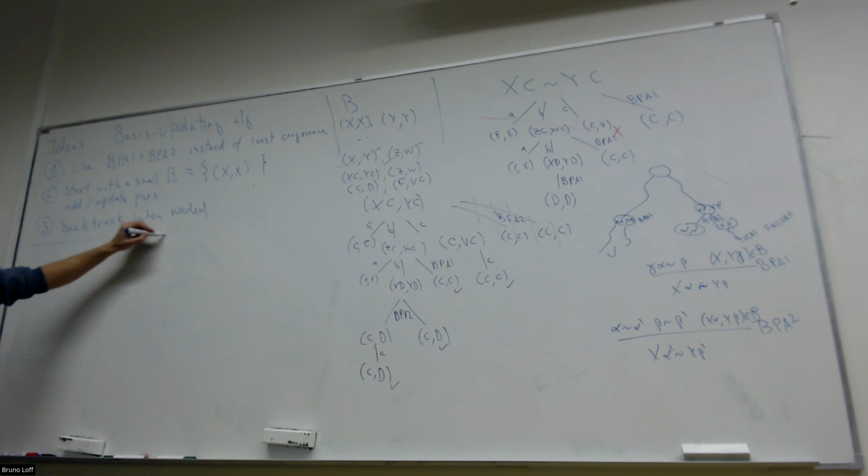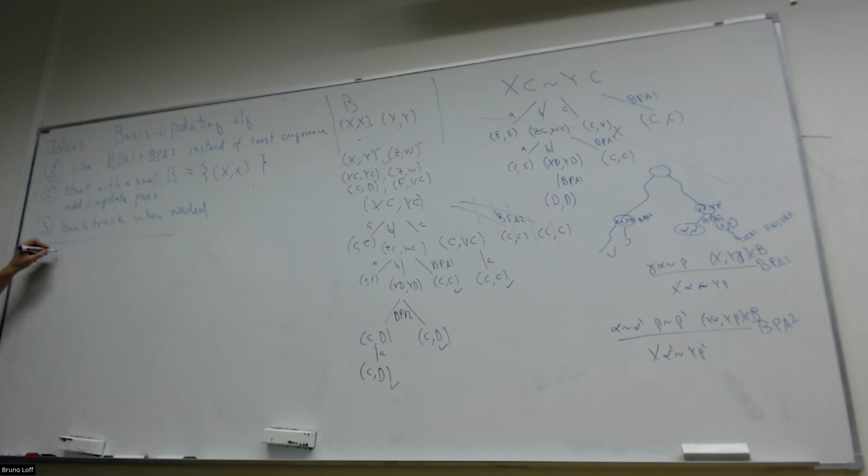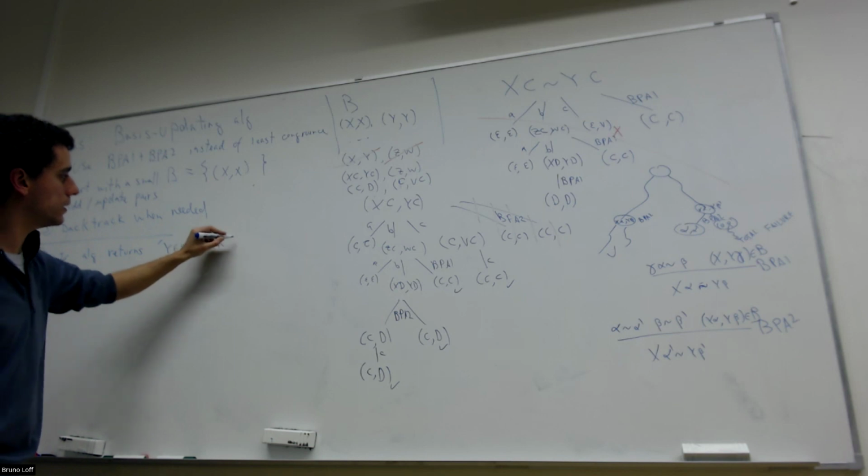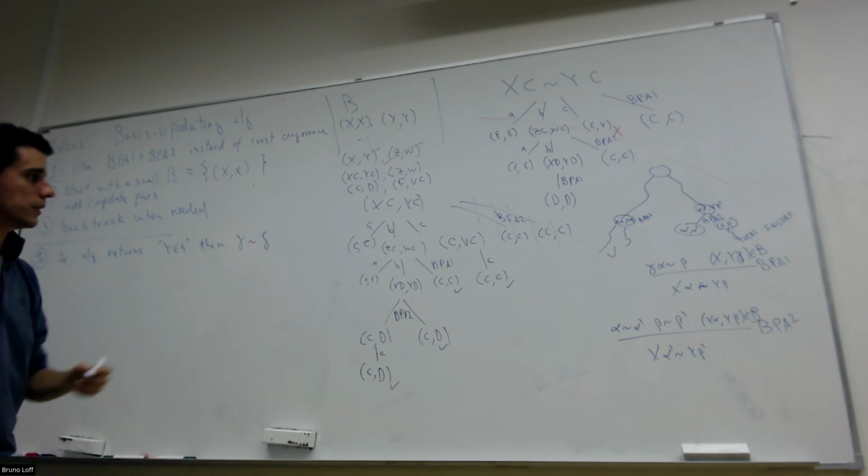So to prove now that the algorithm is correct, essentially you can prove three things. First, if the algorithm returns yes, then the words are bisimilar, okay?